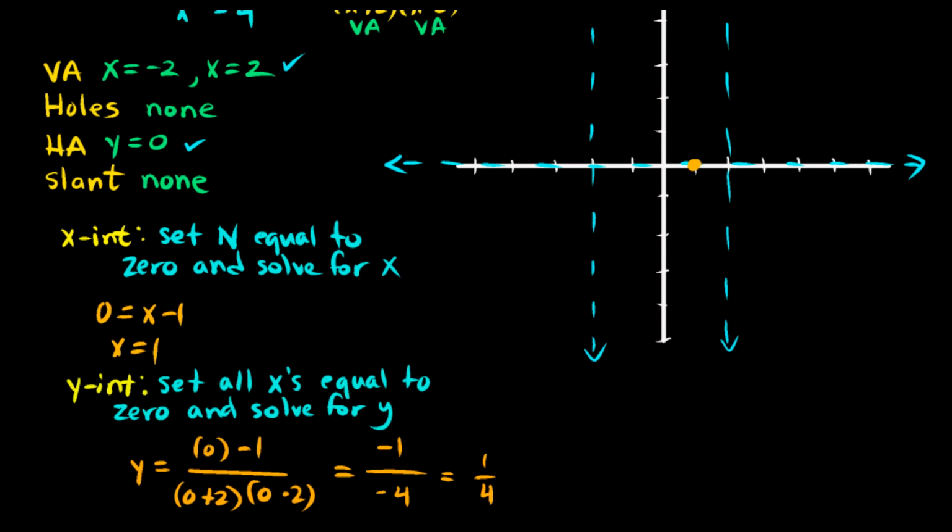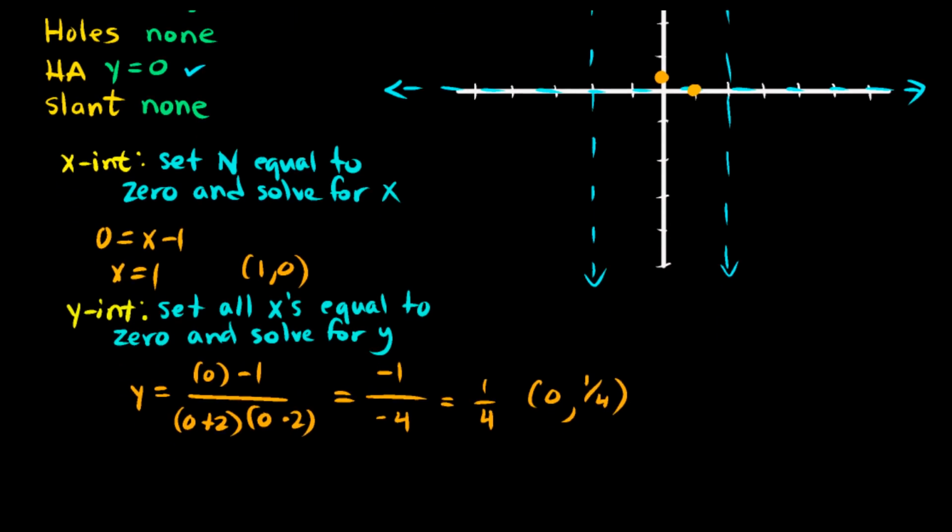So 1/4 should be right around here, and is going to be my y-intercept. So as coordinates, this is (1, 0), and this is (0, 1/4).